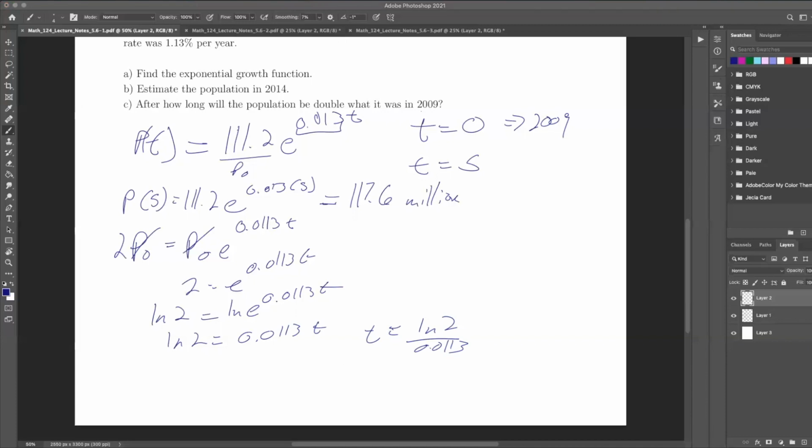And so that means t is roughly equal to 61.3. So it'll be 61.3 years after 2009. So roughly, it'd be roughly 2070.3.